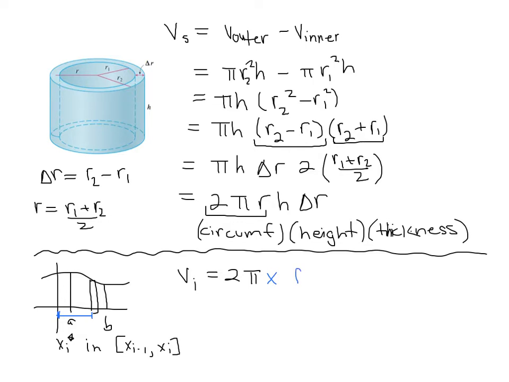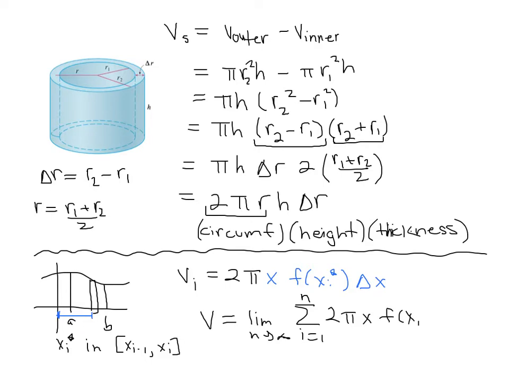The height will be f of x sub i star, and the thickness will be delta x. To find the total volume, you add all these shells up. So the total volume V is the limit as n goes to infinity of the sum from i equals 1 to n of 2 pi x f of x sub i star delta x. By definition, this produces an integral.